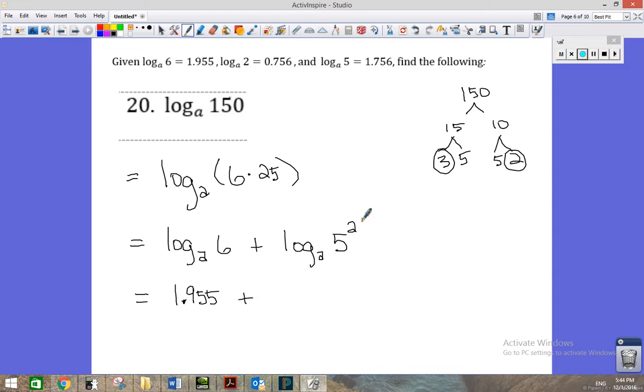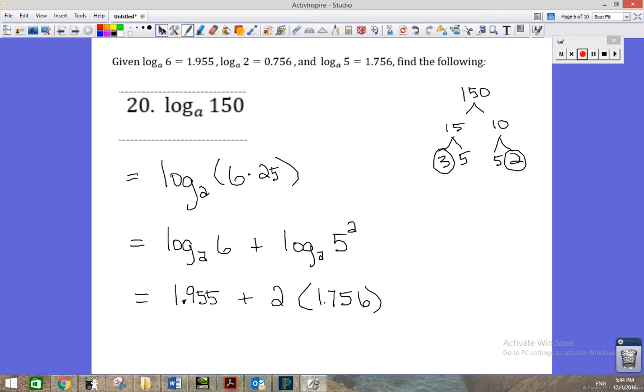And by my power rule, this exponent I can pull out in front as a coefficient. So I can write this as 2 times the log base a of 5. But they've told me that log base a of 5 is 1.756. So all I have to do is multiply that by 2, and I'll have this second term.